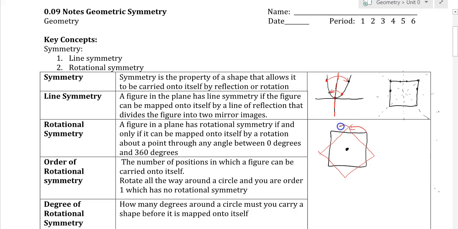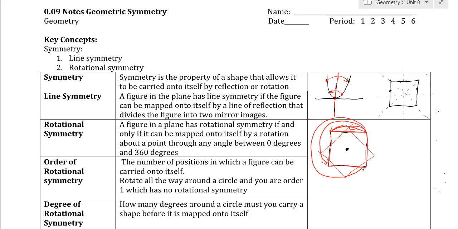But if we kept rotating and got this corner point all the way over to that corner point, wouldn't we then have rotated it so that they did match up? Couldn't we take this corner point and rotate it to that corner point? Or to that corner point? 90 degrees, 180 degrees, and 270 degrees would get us images that map onto itself. And then 360 degrees would get you all the way back to the original figure again.